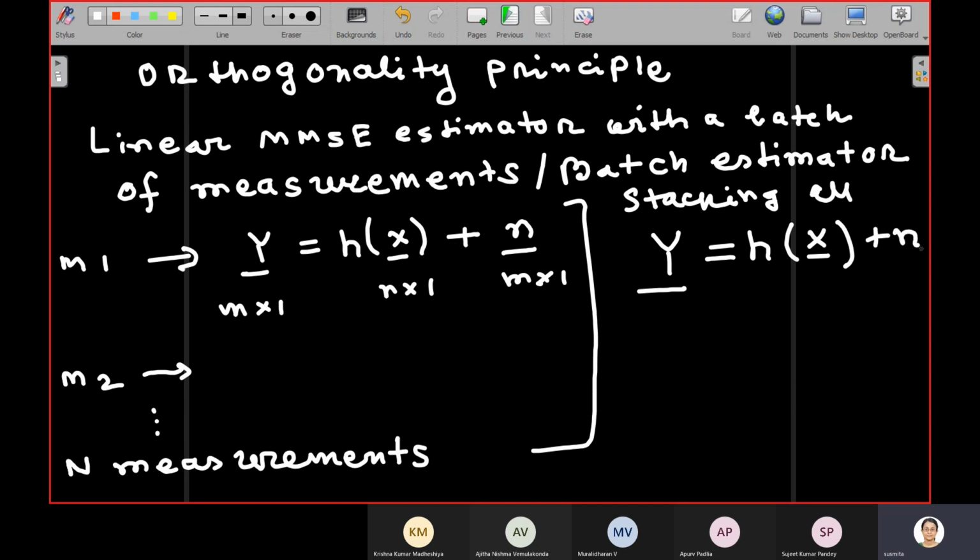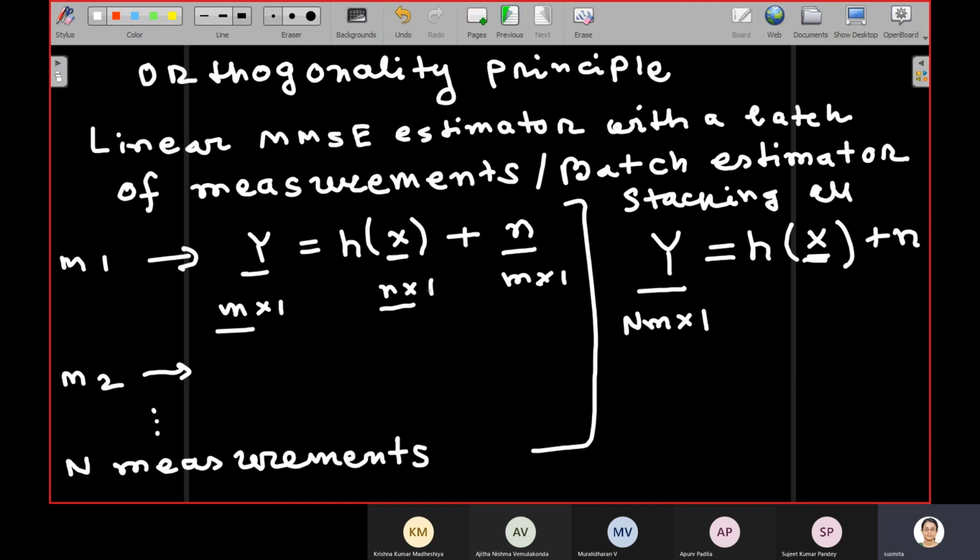We'll not use different notations because these are standard notations, so let's use them only. But the dimensions will be different. Since we are stacking capital N such measurements, we have different dimensions. So earlier we just had m cross 1, now since we are stacking capital N measurements, we have capital N m cross 1. For this particular one, if x is a constant, we can keep the same x, just like in the WLS problem, where x was a constant and for all the measurements we used the same x.